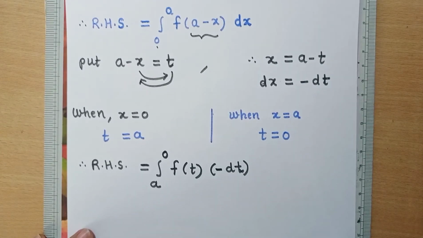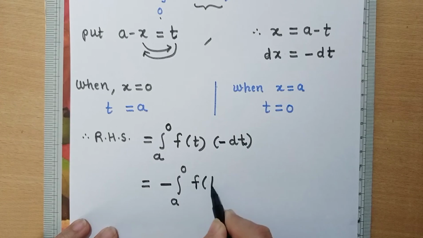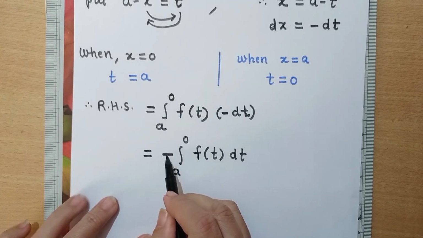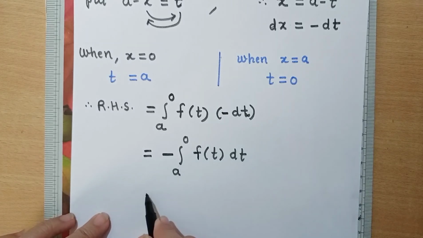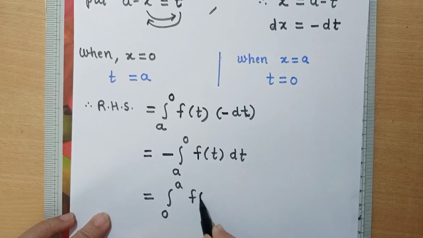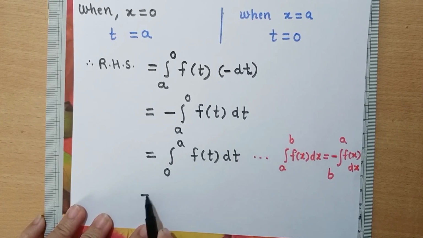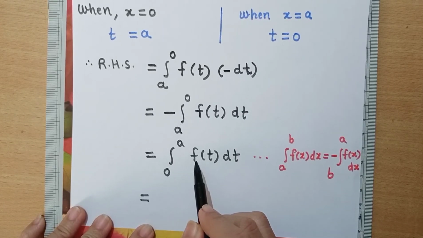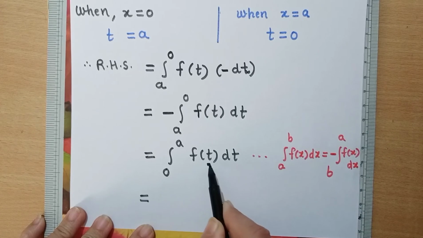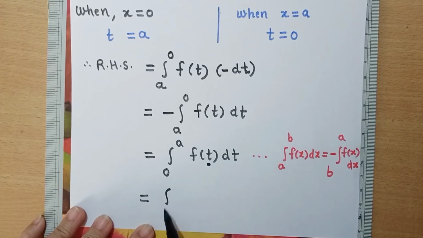Now take this minus sign out, and here f of t dt, and because of this minus sign we have to reverse these limits. So here we will write 0 to a f of t dt by this property. And again this is equal to, since definite integration is independent of variable, we can change this variable to x also, then value will not change.